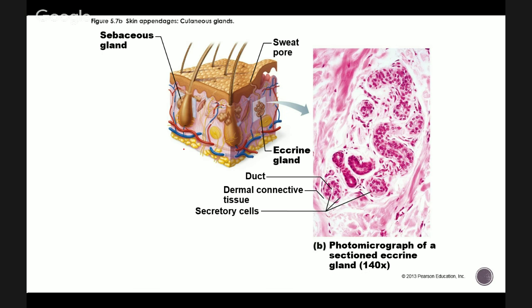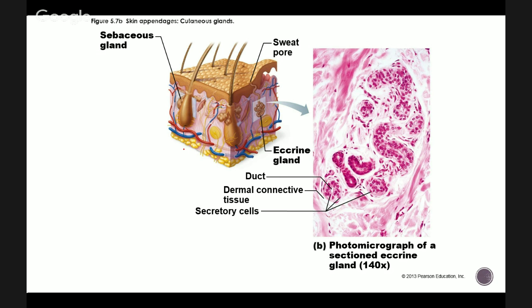Okay, let's talk a little bit about sweat glands. There's different types of sweat glands, but when we think about what sweat does for our bodies, what's the function of sweat? What does sweat do for us? Helps cool, yeah, it helps cool us down.